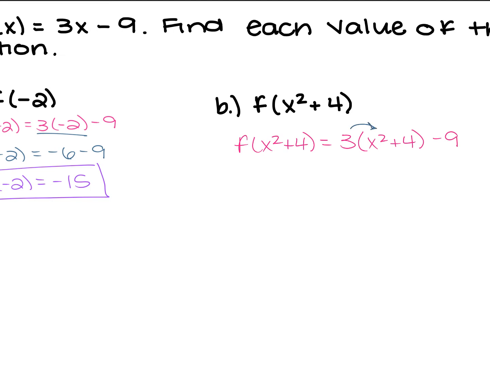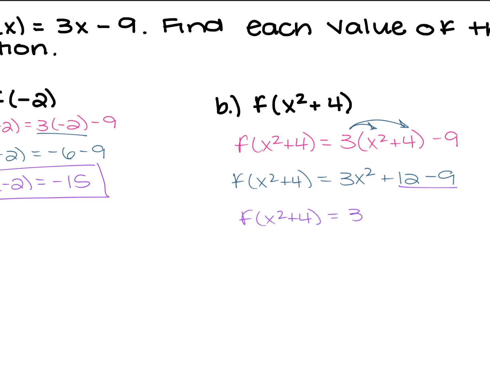So 3 times x squared is going to give us 3x squared. Then 3 times 4 is 12. And then we have that minus 9. So from here, just combine your like terms. And that gives you f of x squared plus 4 is equal to 3x squared plus 3.